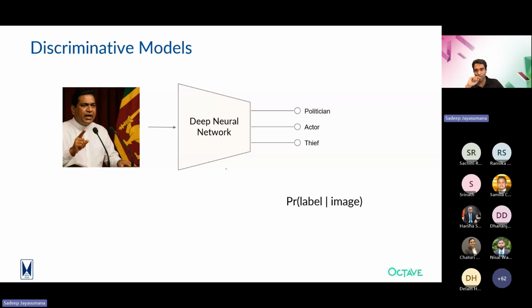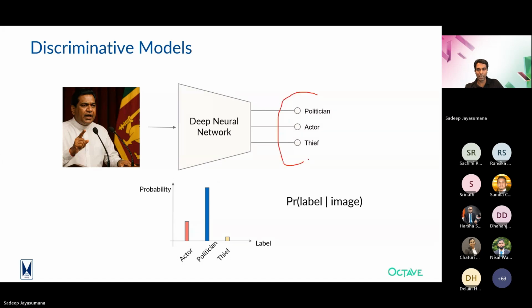In that scenario, instead of just predicting a single label, we want to predict a probability distribution over labels, as shown here. It's a discrete probability distribution. We have three labels here, and what I'm predicting is a probability distribution. Hopefully, they are a politician most of the time, and an actor sometimes, but hopefully not a thief, or with very little probability that they are a thief.